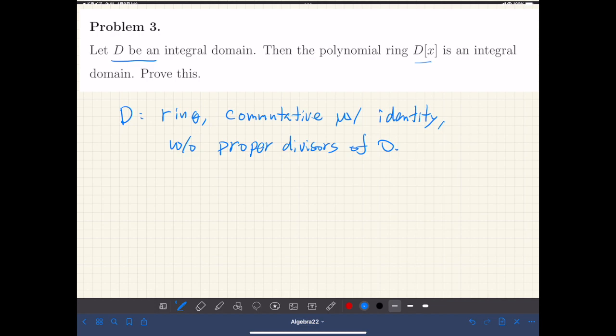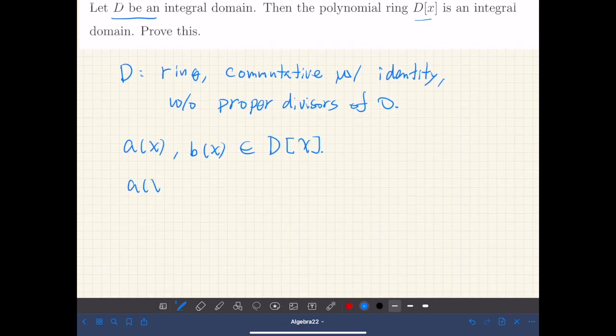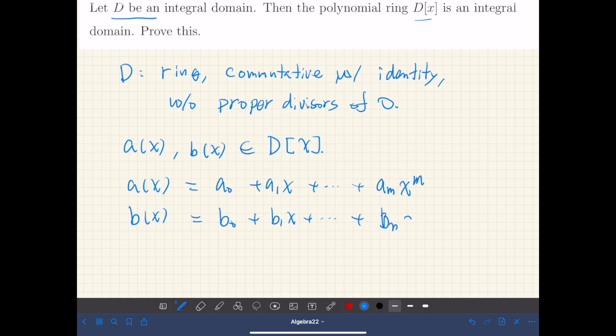Let's prove this. Let's say a of x and b of x are polynomials that belong to D of x. So let's write a of x as a0, a1x, and so on up to am x to the power of m, and b of x as b0, b1x, and so on, bn x to the power of n.